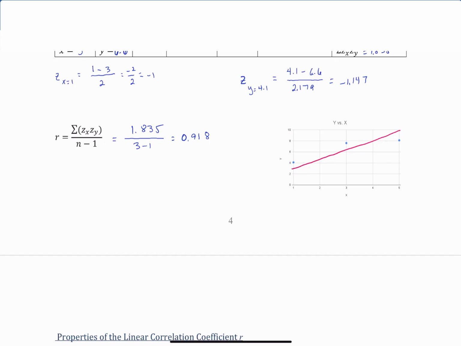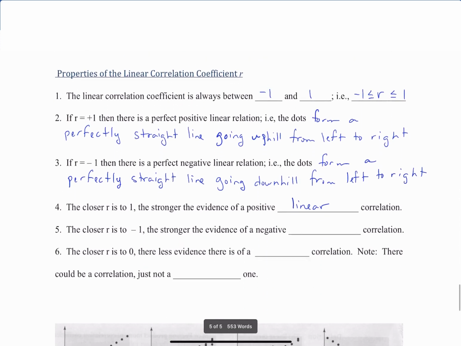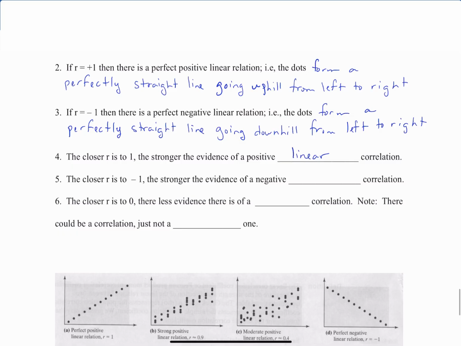If the correlation r had been, say, 0.7, the dots would have bounced around more. They wouldn't have been in such a nice straight line. Similarly, the closer r is to -1, the stronger the evidence of a negative but still linear correlation.